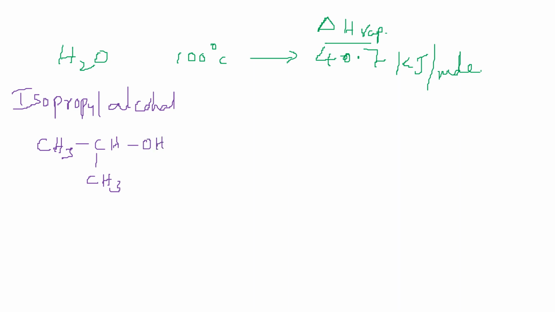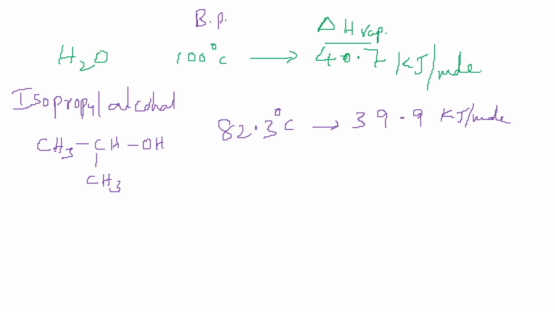This we call isopropyl alcohol. What is the normal boiling point? It is 82.3 degrees centigrade. The heat of vaporization is 39.9 kilojoules per mole.